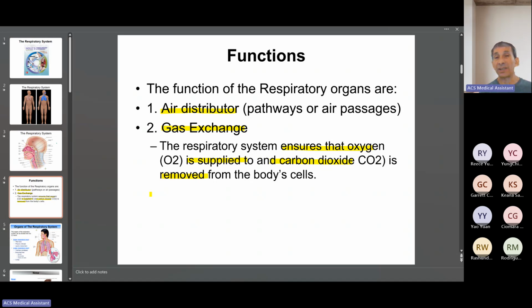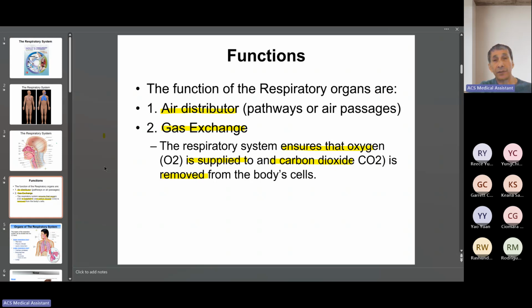But you've got to be familiar with these terms because you are in the medical field. So inspiration, inhalation, taking in. Expiration, exhalation. So we know exactly what they're talking about.